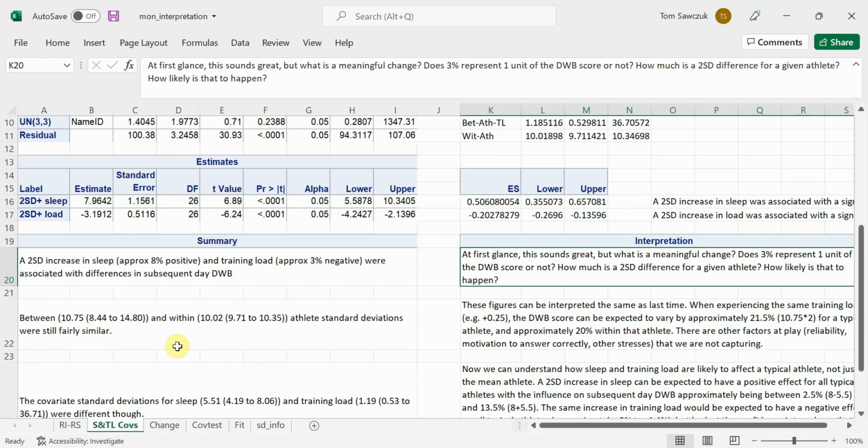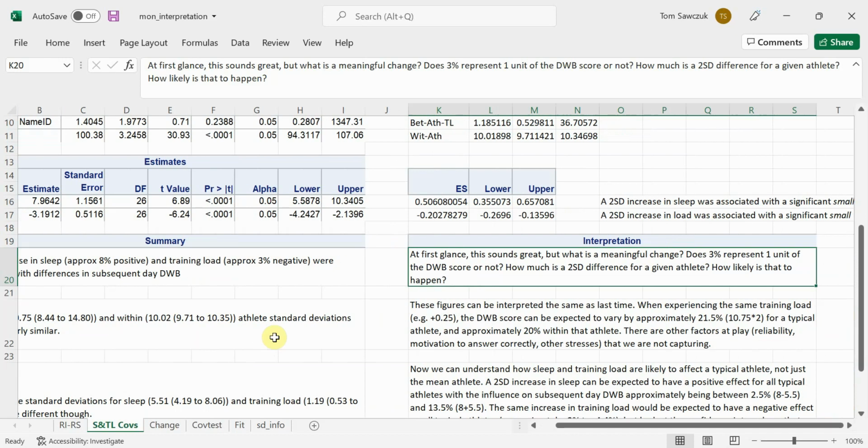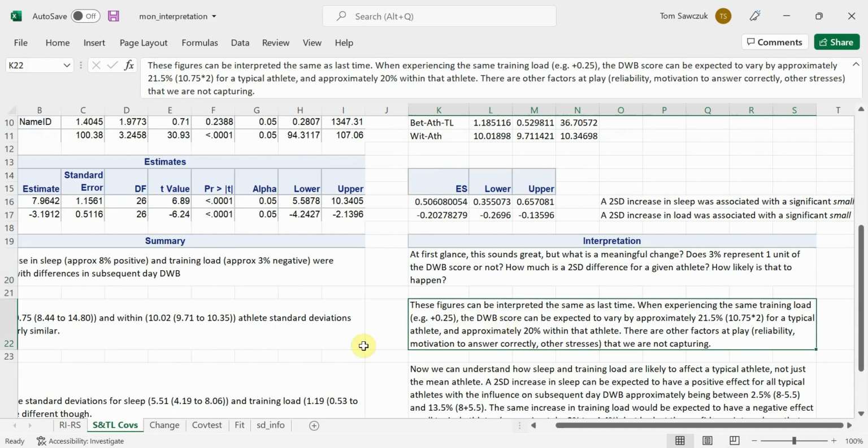So now we can go on to the between athlete and within athlete standard deviations, which have remained similar throughout all of the models we can do. We can interpret them in exactly the same way as we have done so far.